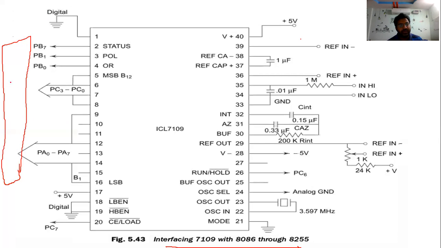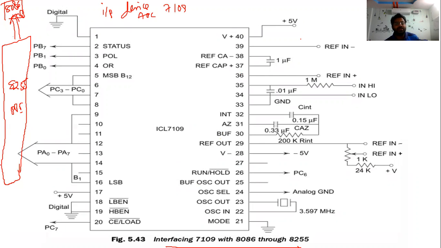Then the 8255 PPI, and after this the 8086 microprocessor. This is the structure. These are the output side, see these arrows. This is the input device, the ADC 7109, with these 40 pins.